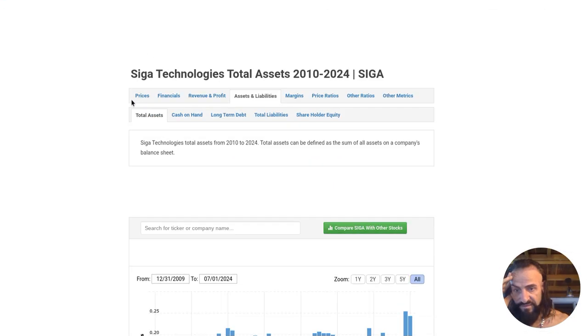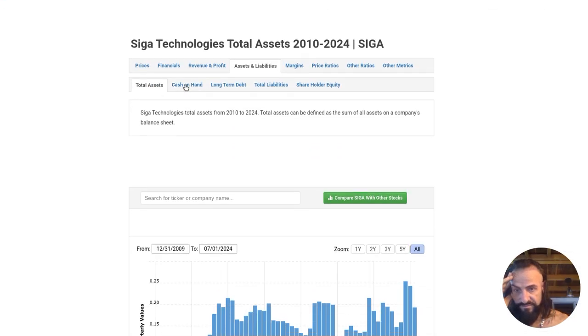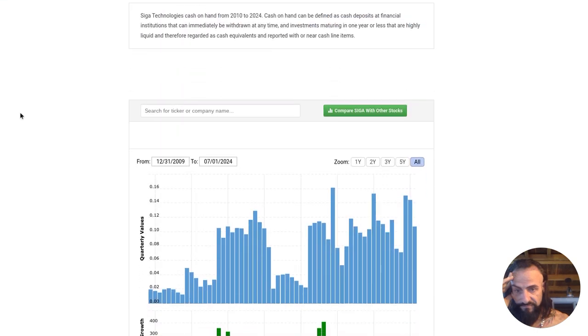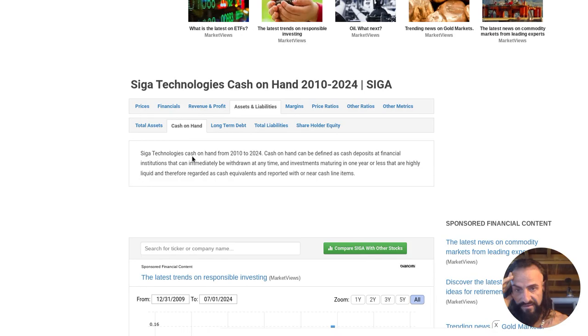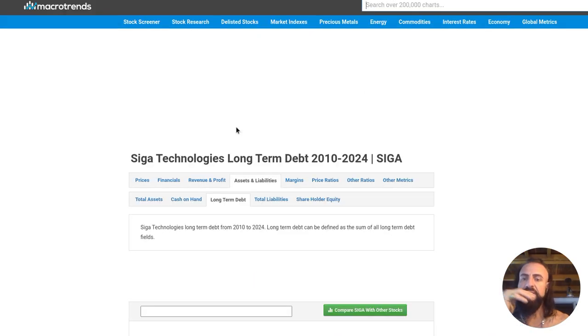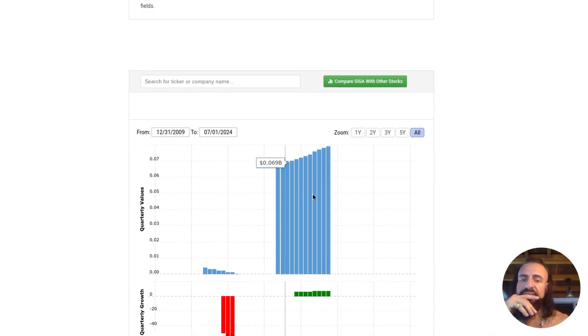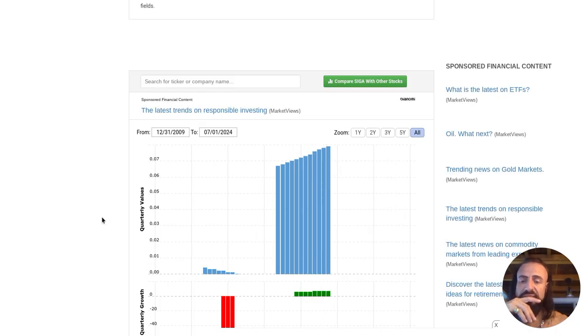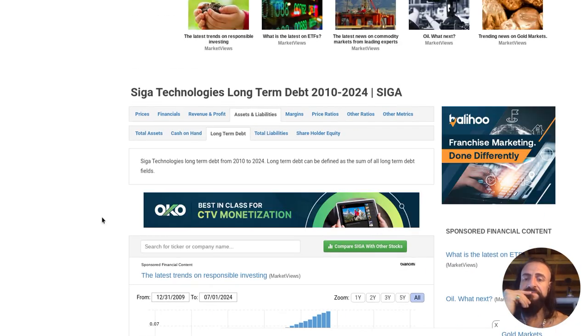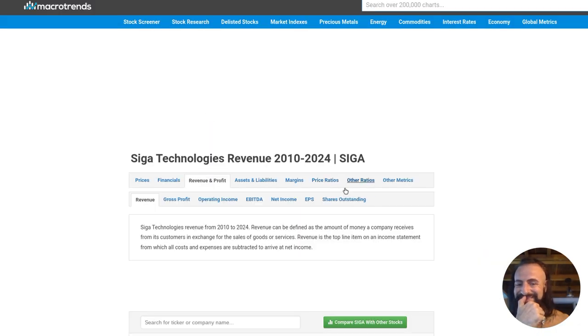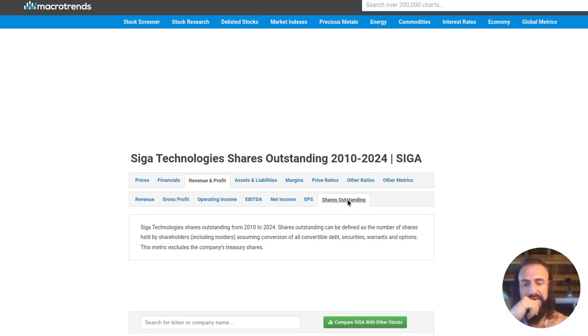Assets and liabilities, they got about 100 million in the bank, and they pay down all their debts. They have zero in debt. And they're making about 70 million a year.